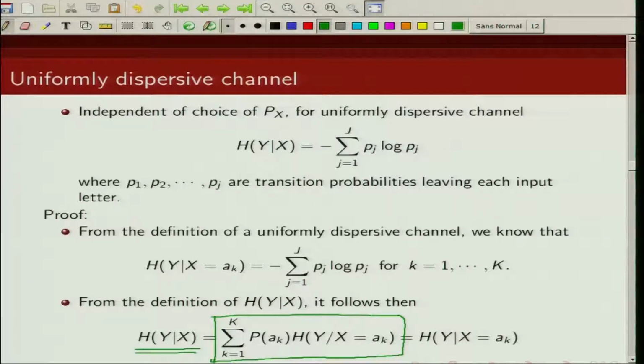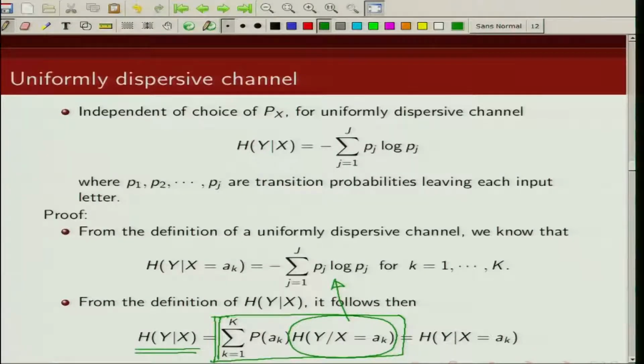Note this term, which is given by this expression, is the same for all inputs for a uniformly dispersive channel.